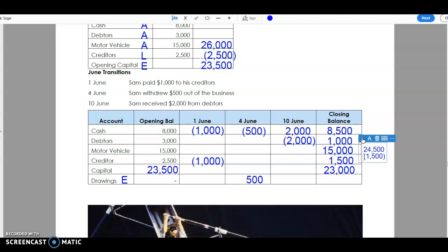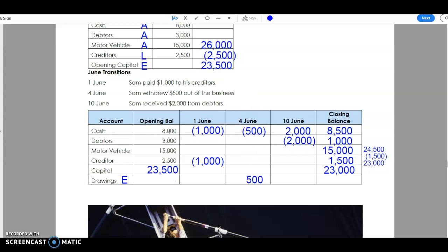Tidy that up a bit. Equals $23,000. I'm glad that worked out. Terrific. There it is, $24,500 worth of assets minus $1,500 worth of liabilities gives us $23,000 worth of equity, and everything balances. Fantastic.